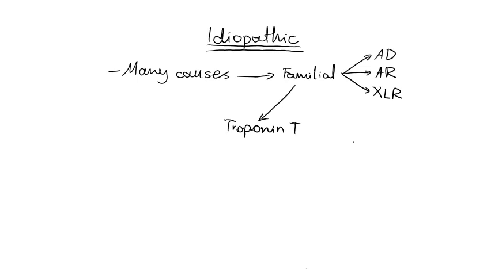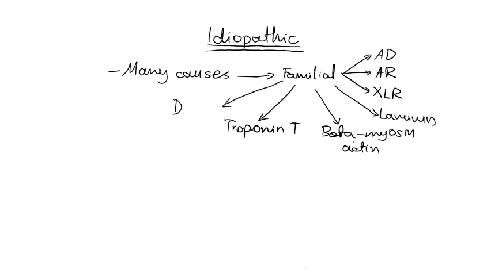Other genes that I won't be going through in this video, but are important, or are a part of the cause for idiopathic dilated cardiomyopathy, include beta myosin, actin, laminin, and desmin.